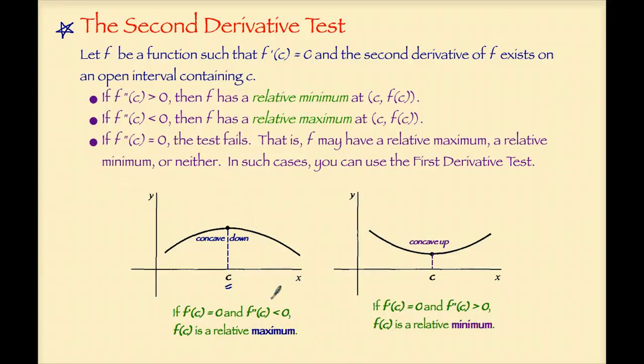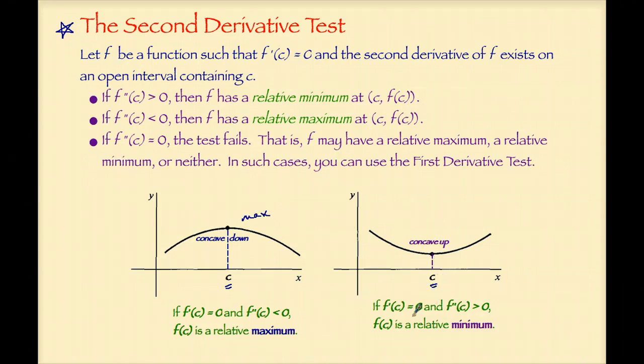We can actually use the second derivative to see if it's a max or a min. Because if the second derivative is negative there, that means at c you have a concave down section of the graph. That means that c must be resting at the top of a hill. That means it's a max. Similarly, look over here, we have c again.